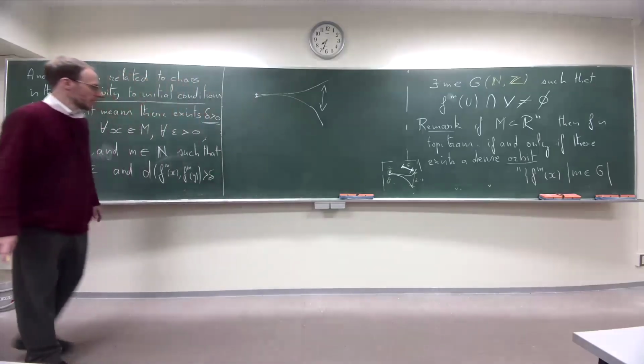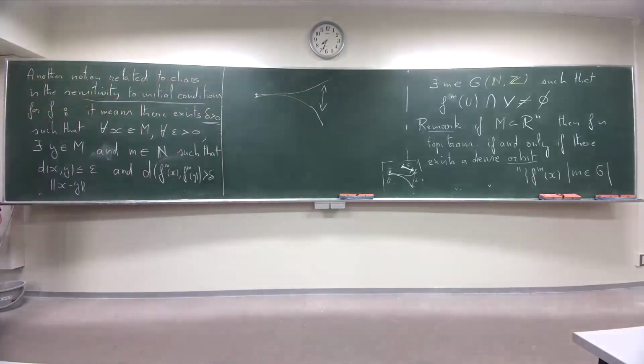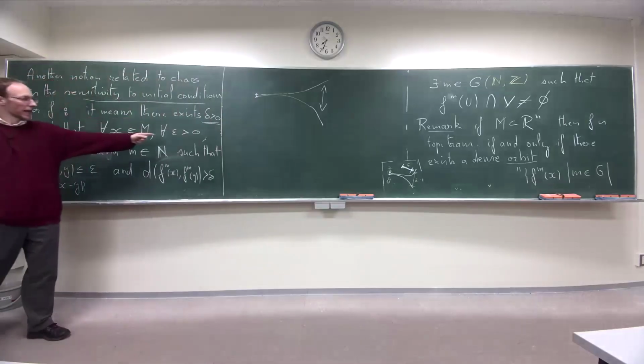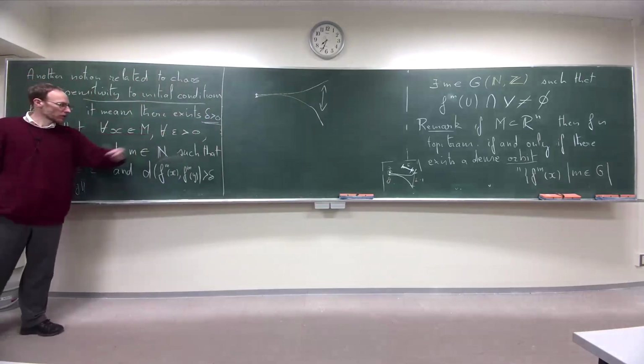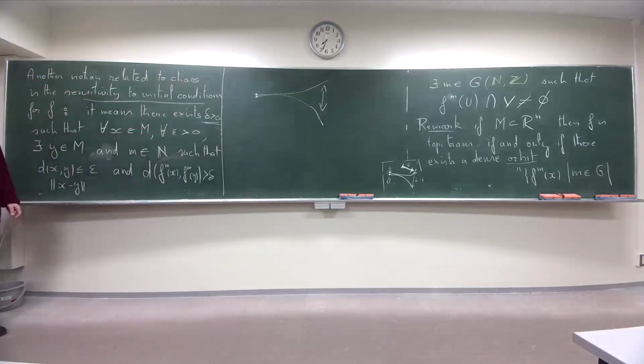That's the meaning of sensitivity to initial condition. So think about it. It's not that the distance can go to infinity because maybe I don't have this space, but there exists a delta such that no matter how close I start with respect to x, then after some m, the two trajectories are at a distance bigger than delta.